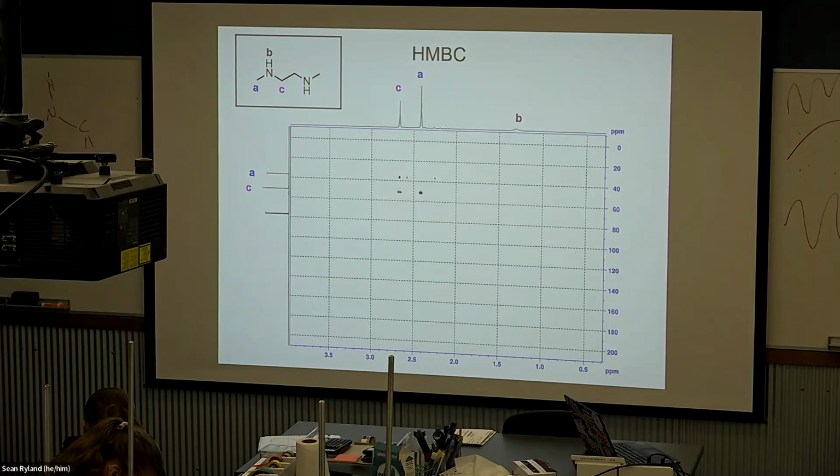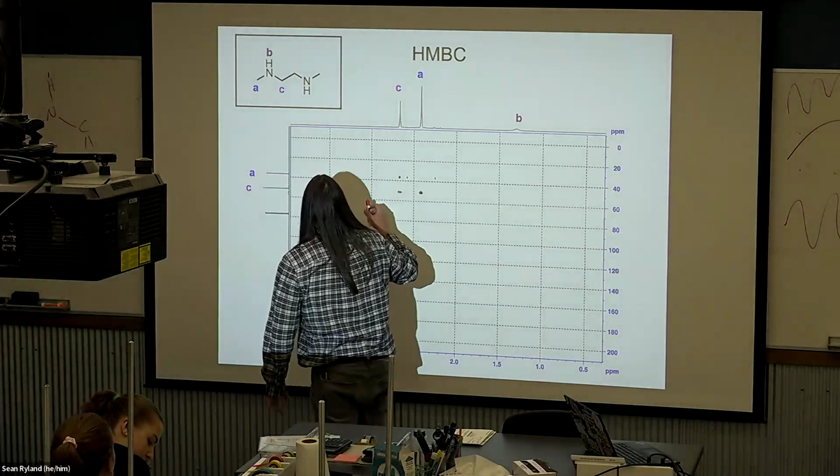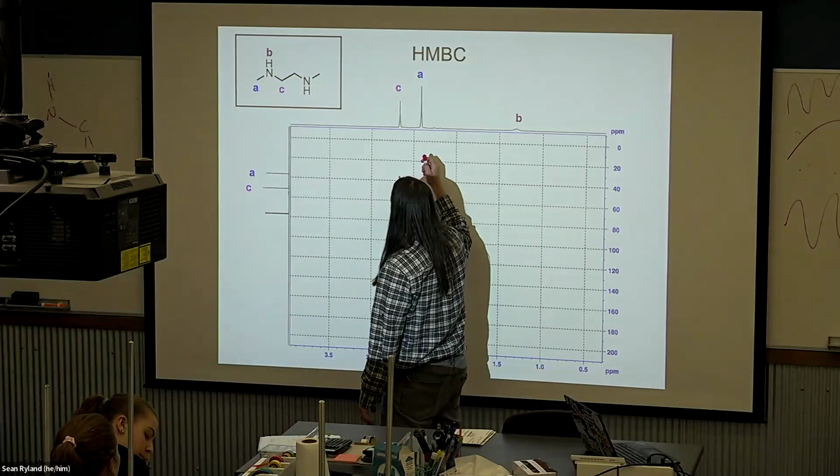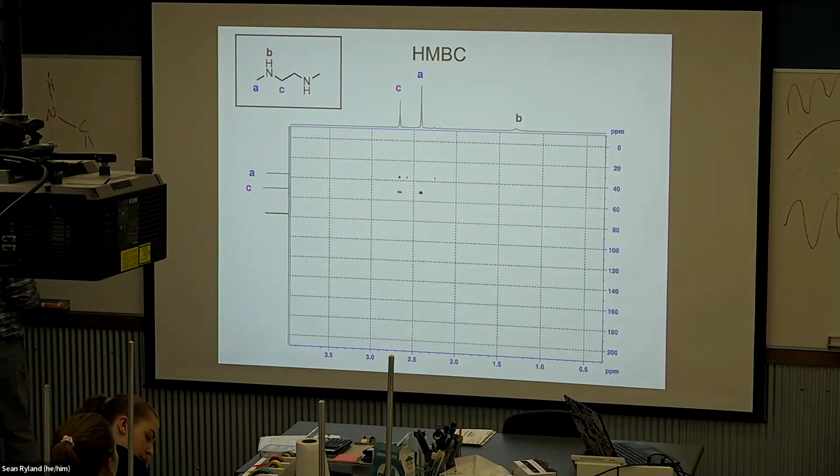So it's correlated here. We're not looking at proton nearest neighbors. We're looking at a proton to a carbon that's in the exact range of 2 or 3 bonds. So it's not going to show it as correlated with itself, and it's not going to show up as being correlated with anything further away.